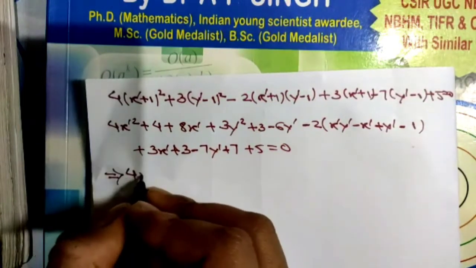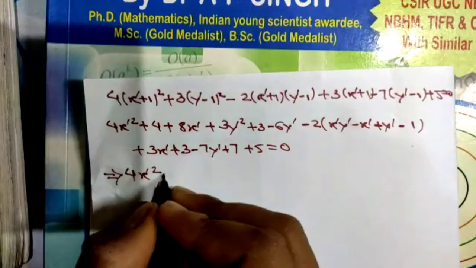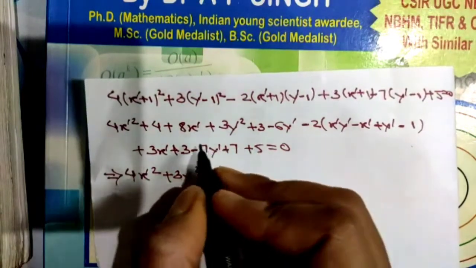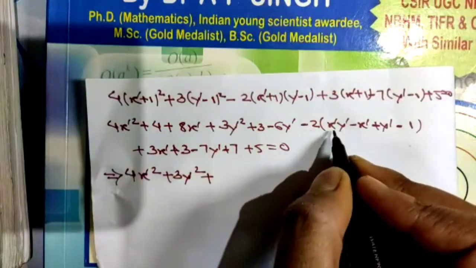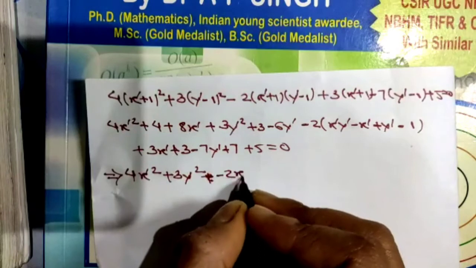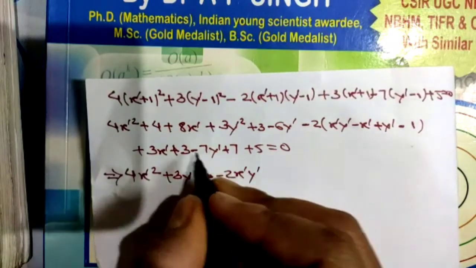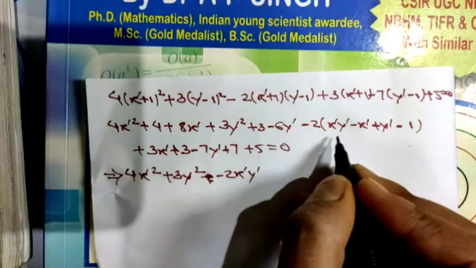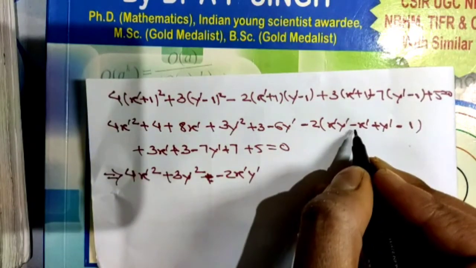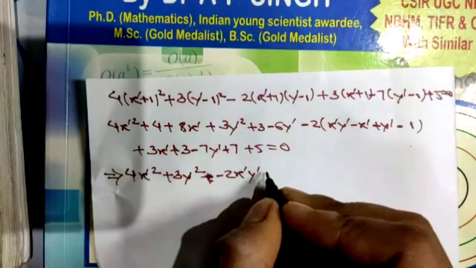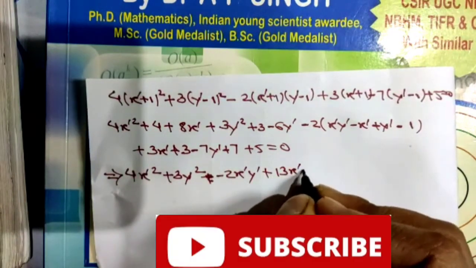Now solve it. 4x dash square plus 3y dash square. Now the other second degree term is minus 2x dash y dash. Now the single degree terms: 8x dash minus 2x dash plus 3x dash, which gives 9x dash.